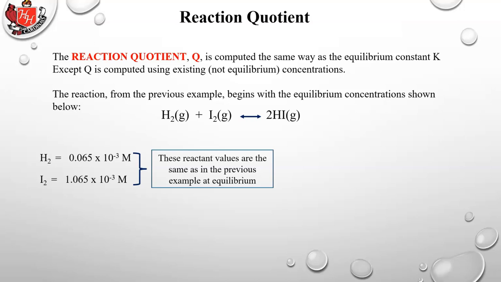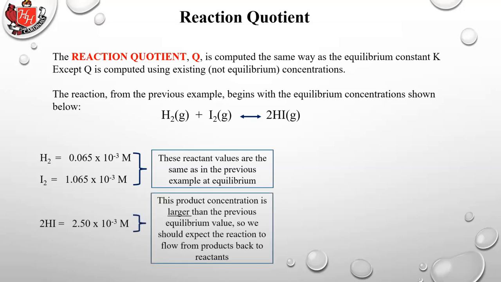This is what we came up with for equilibrium concentrations of those two. Now we had a different concentration for the product HI. So this product concentration that you're seeing on the screen now is larger than the previous equilibrium value. So we should expect the reaction to flow from products back to reactants. In other words, if there's too much product for the amount of reactant, then it should flow to the left.